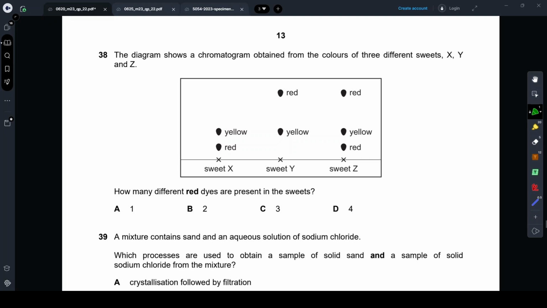Is it B? Yes. So these two are the same, and these two are the same. You count how many different red dyes, not how many red dyes in total. And so there are two different red dyes that have been used.